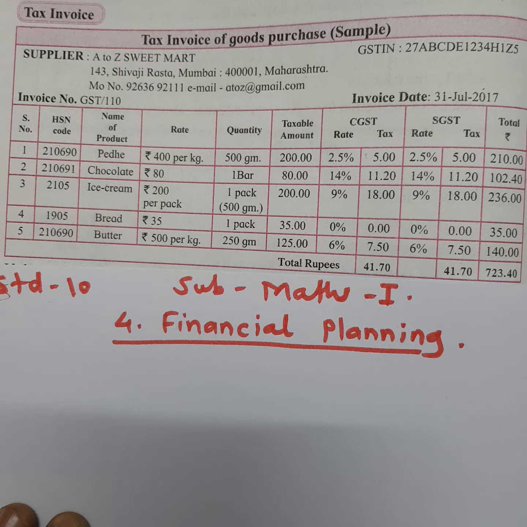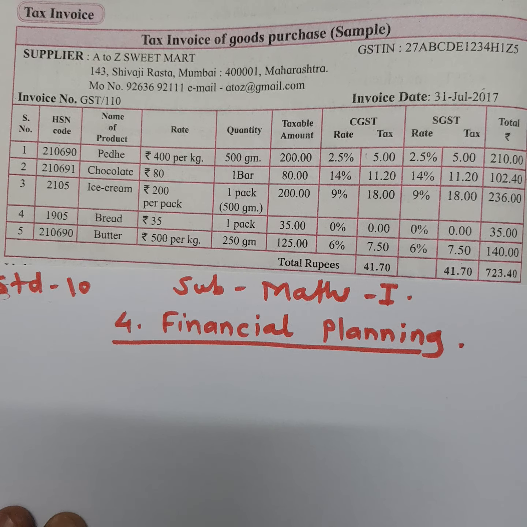In GSTIN, there are 15 alphanumerics, in which the first two digits show the state code, then 10 digits show the PAN number of the firm, and we have also studied the last 3 digits.